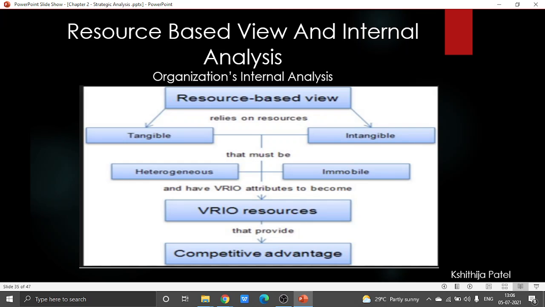So when the resources, tangible or intangible, have the characteristic that they are heterogeneous and immobile, where immobile here represents that which cannot be imitated or changed very easily, then the organization is able to bring competitive advantage.